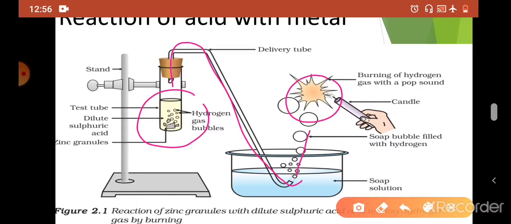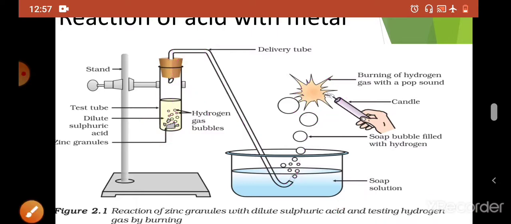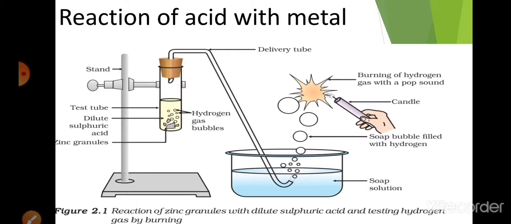The conclusion is when acid reacts with metal, it produces hydrogen gas which produces a popping sound with the candle. So that means when the reaction takes place between acid and metal, then we get hydrogen gas. That is the most important thing for you to remember. In the next slide we see some chemical reactions now. I hope this thing is clear.